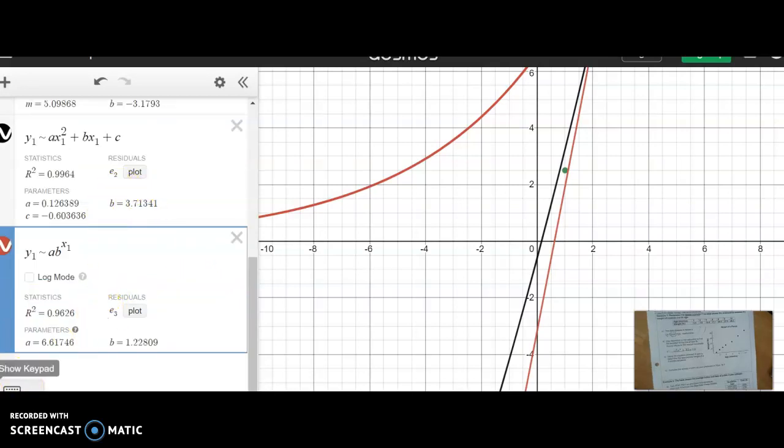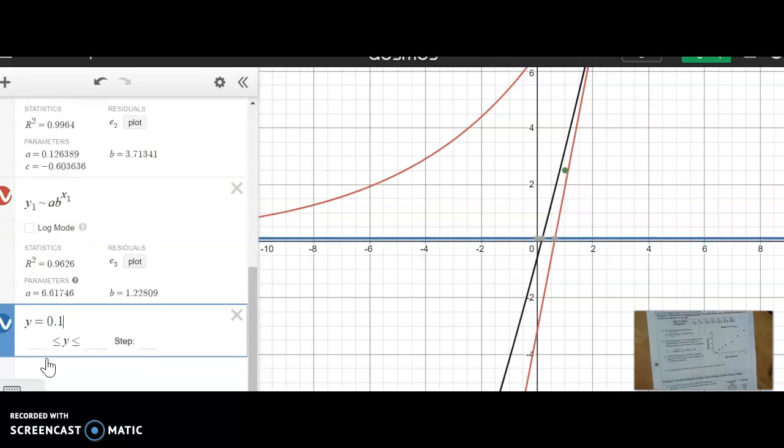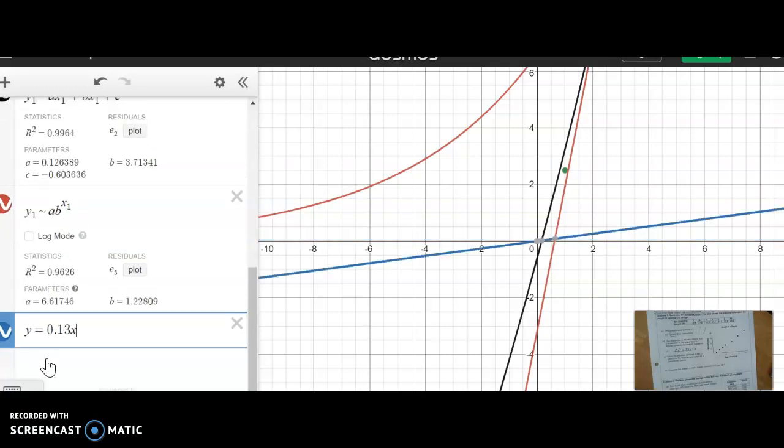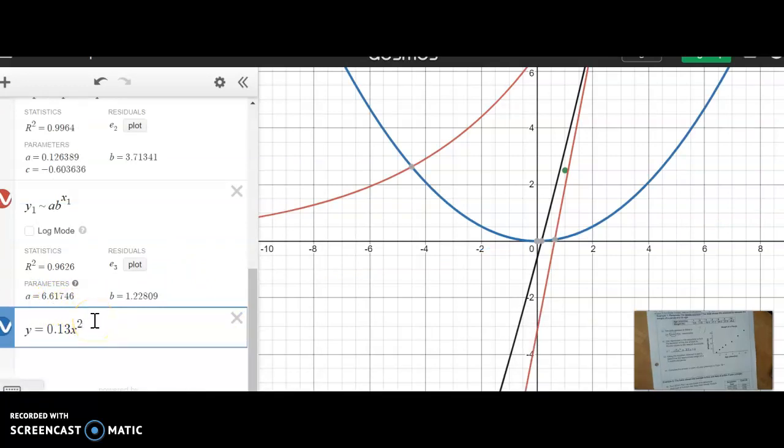So what I'm going to do is I'm going to now create an equation and say y equals 0.13, because I'm going to round to the nearest hundredths, x squared plus 3.71x minus 0.6.